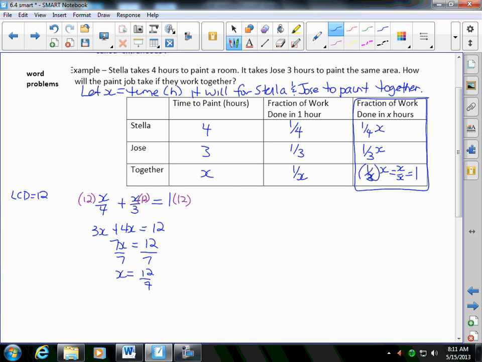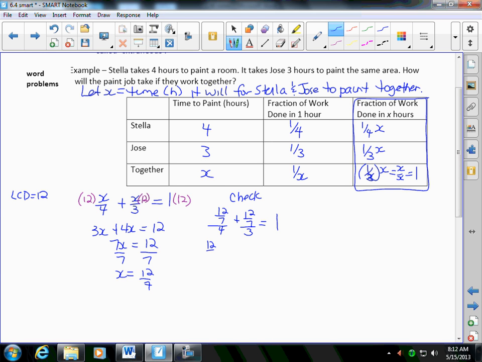So you can do a check. So I have 12 over 7 divided by 4 plus 12 over 7 divided by 3 is equal to 1.